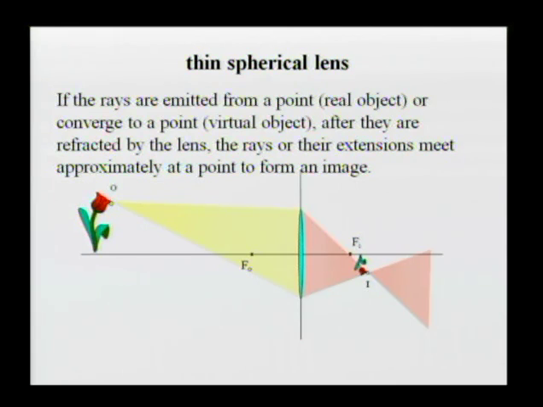Different wavelengths are refracted differently. So what lenses do, they split images into rainbow colors. And this type of aberration is referred to as chromatic aberration. So mirrors have only spherical aberration. Lenses have both spherical aberration and chromatic aberration.